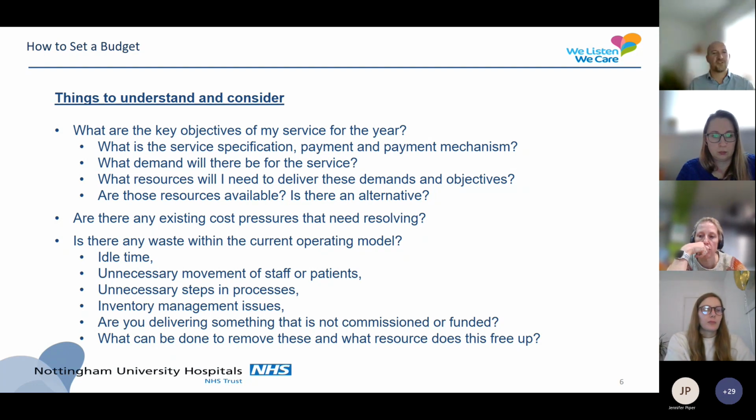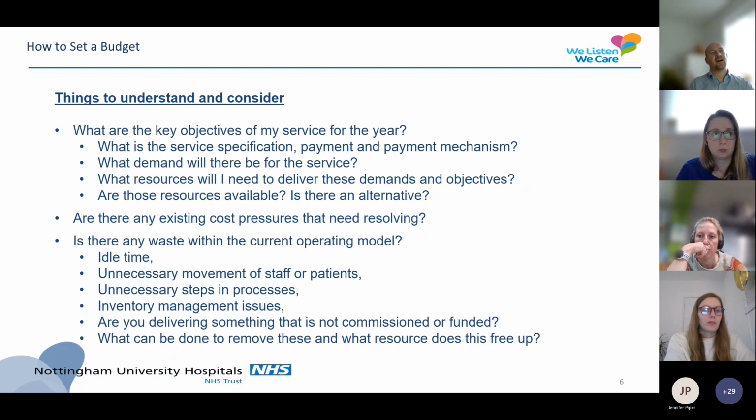Again, there's focus on cancer targets, which although the monitoring may have softened, I don't think within trusts that I'm aware of that the actual internal focus has softened on those. But they're all the sorts of operational things from the planning guidance that are worth factoring in.